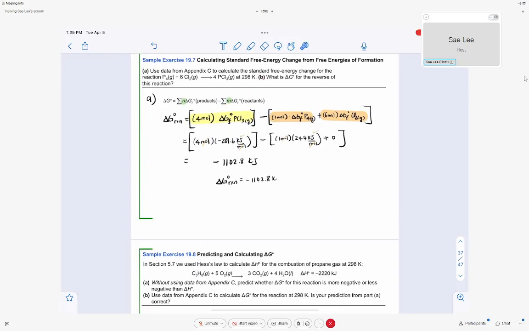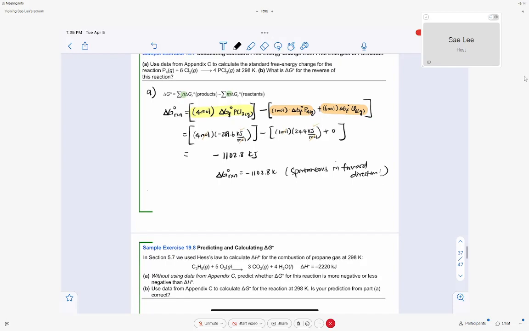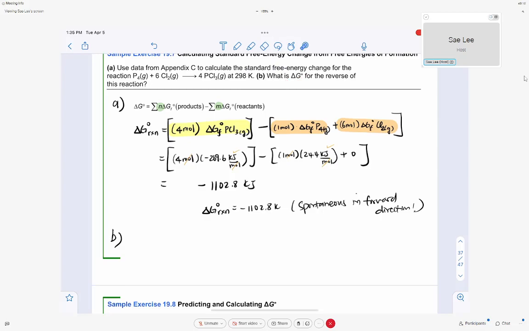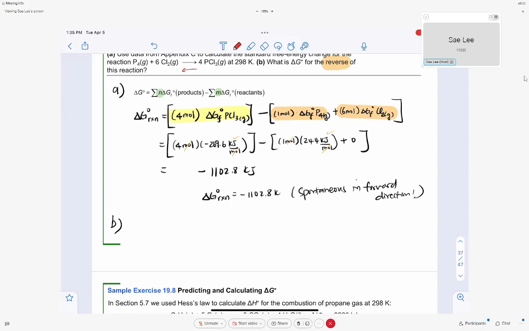Now, question B. It's asking to calculate the standard free energy change for the reverse reaction. What happens if you reverse this reaction? The math is basically going to be opposite.